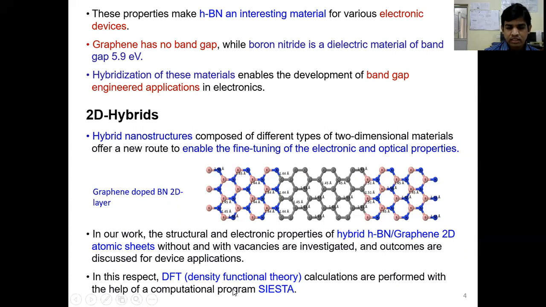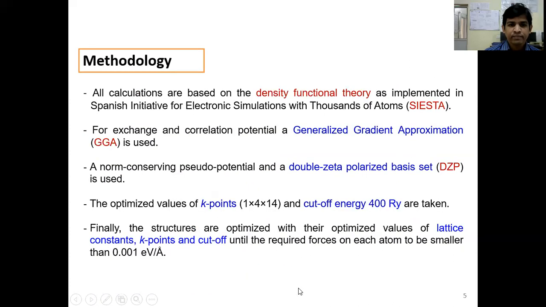In this process, density functional theory is approached by following the SIESTA code. When the SIESTA code is followed, we have to prepare an input file in which we have to give a few parameters belonging to a system.